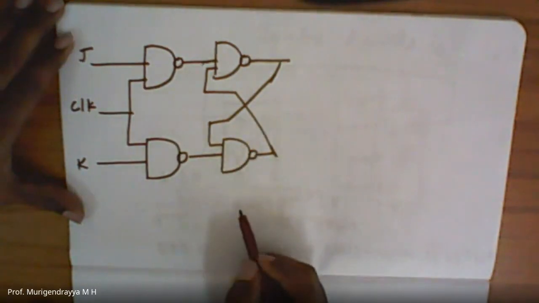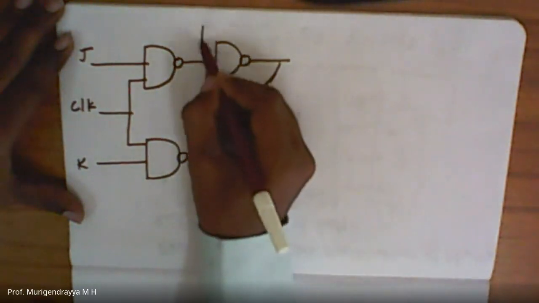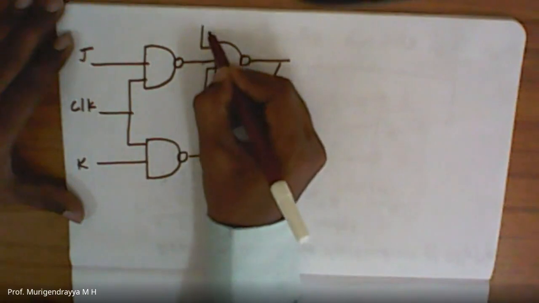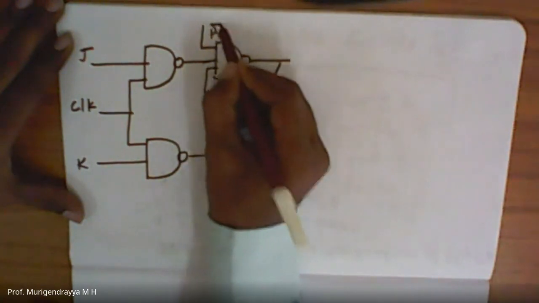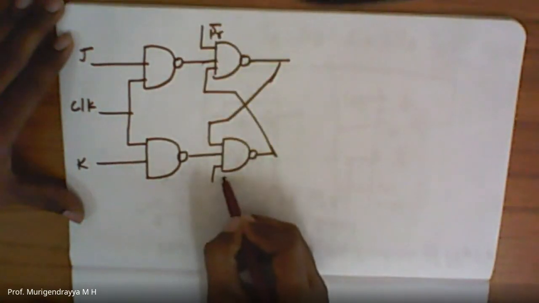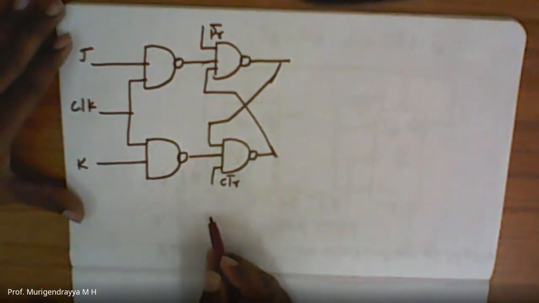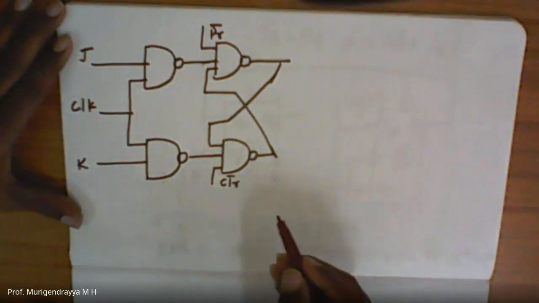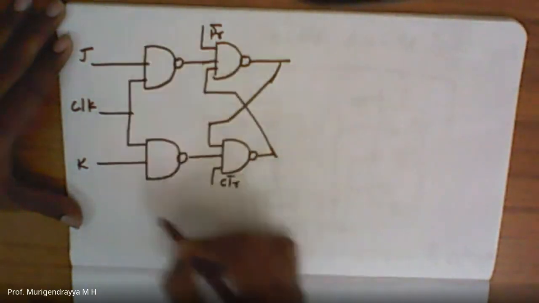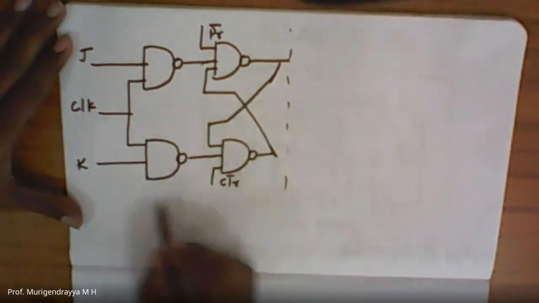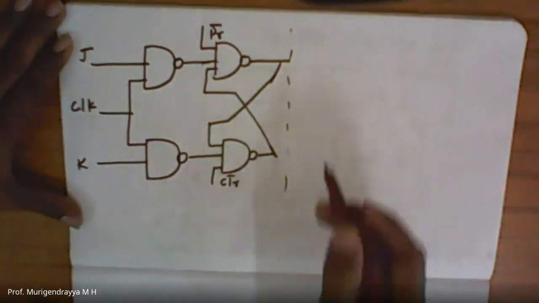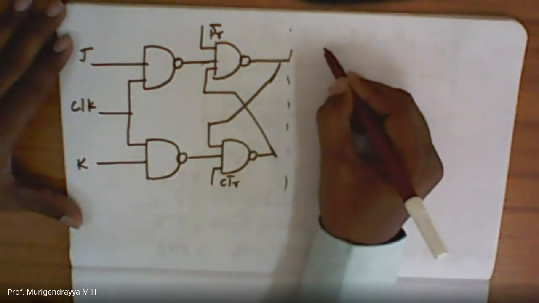And here you have to use this for the preset input, and this for the clear input. Right? After that, this is a master circuit, and now we have to design the slave circuit.